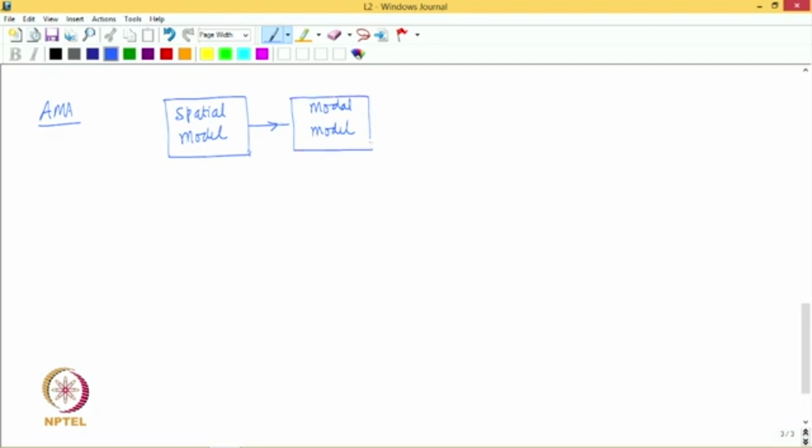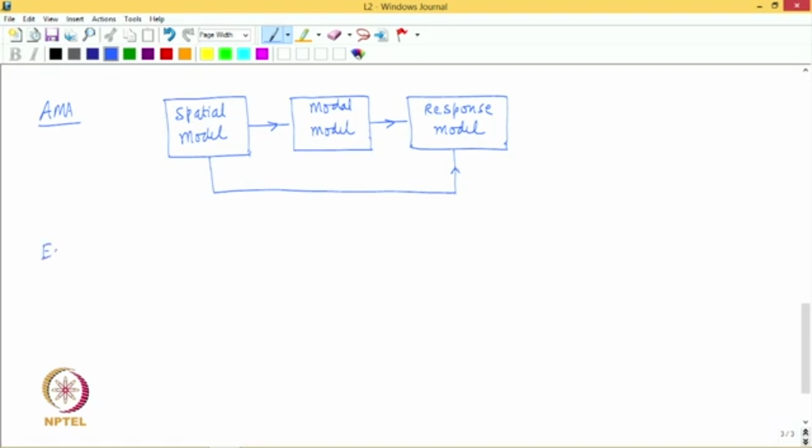That is the description in terms of the natural frequencies, mode shapes and damping factors. Okay. That is nothing but analytical model analysis, and it is also possible, if required, to obtain the response model from the modal model, and the response model can also be directly obtained from the spatial model.